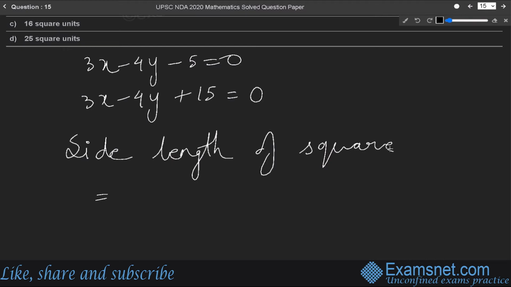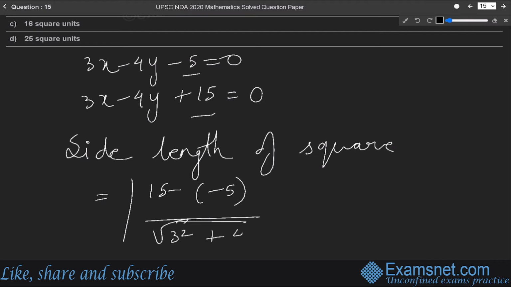So the side length of the square will be mod of 15 minus minus 5, which are the constants, c, upon under root of 3 square plus 4 square. Further solving it, it will be 20 upon 5, which is 4 units.